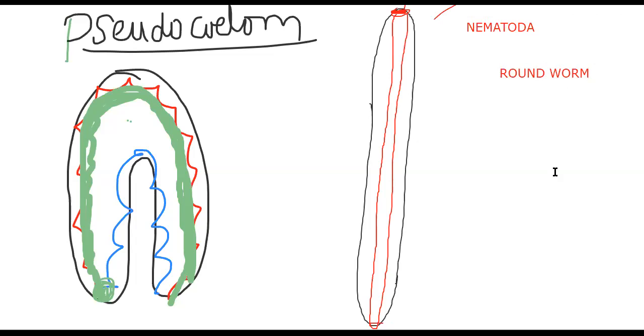Okay, so then we need to talk about the mesoderm. The mesoderm went only towards the ectoderm, as we said. So you have to remember mesoderm is equal to muscles. Wherever the mesoderm is present, muscles are present.